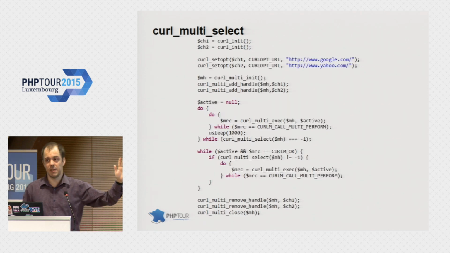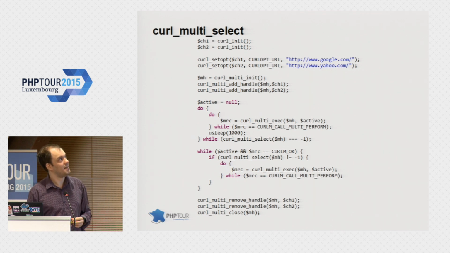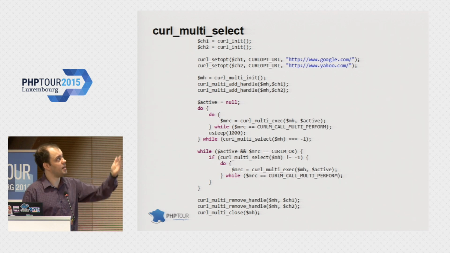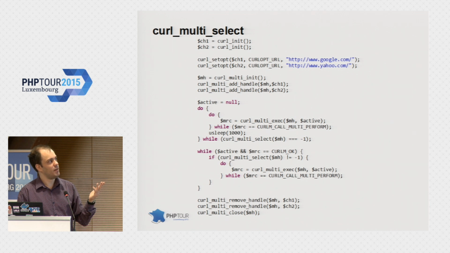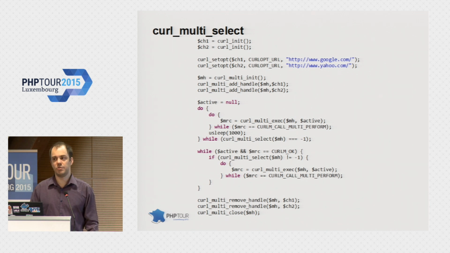Now this code may be a bit small at the back. I'm sorry about that, but I had to fit it on one slide. So basically in this case we're going to fetch 2 URLs. We're going to create 2 curl objects or resources. We're going to set the URL. We're going to init those. And then we're going to add them to a multi-handle. And then this is a lot of complicated code to get around a curl bug actually.